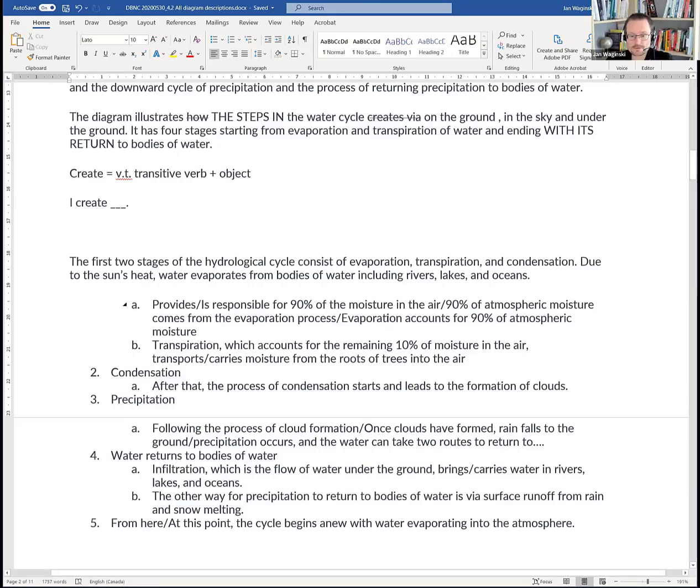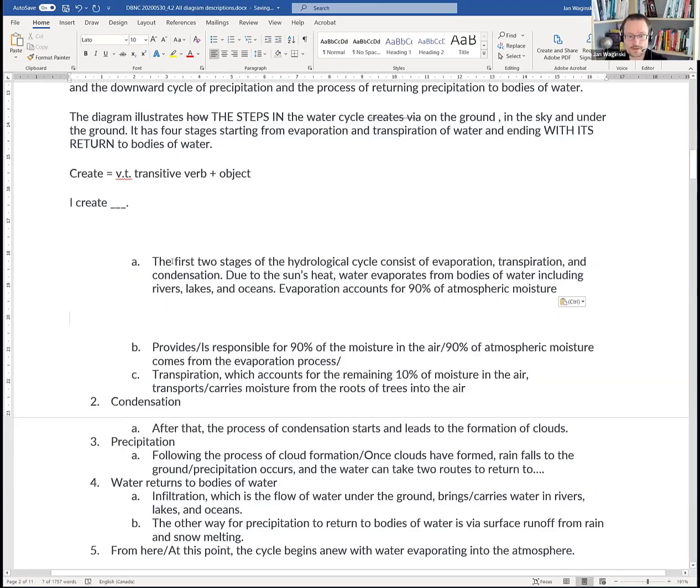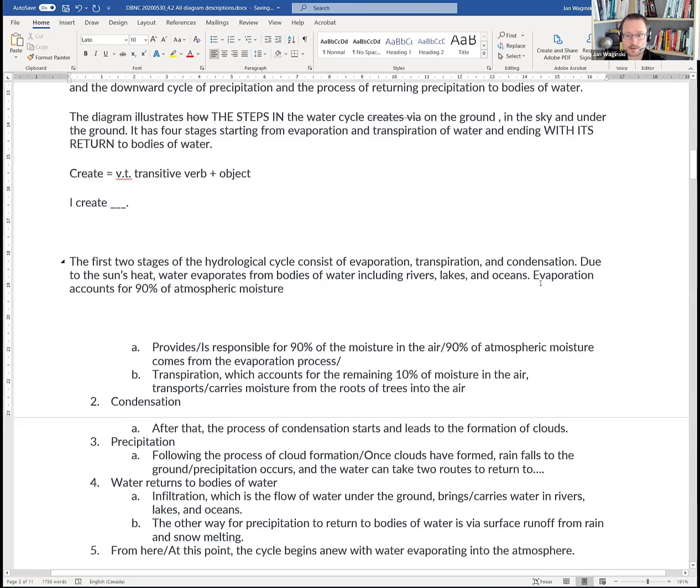Okay, so let's pick one of these. Evaporation accounts for 90% of atmospheric moisture. Let's see how that fits. Okay, good. Now, can we put a comma and say accounting for 90%?